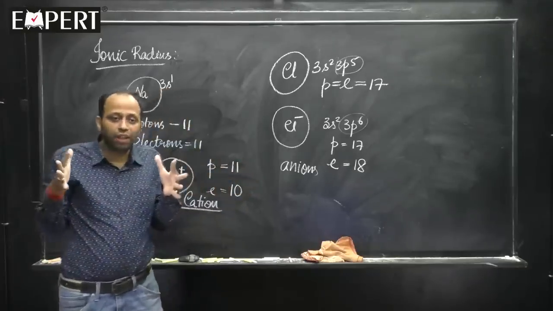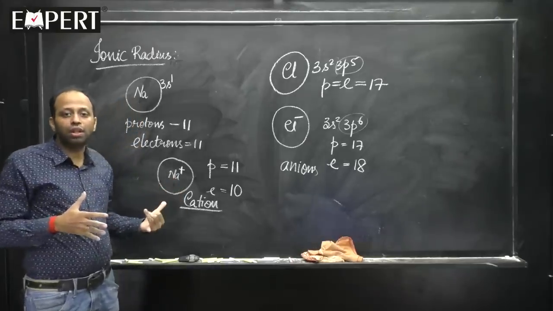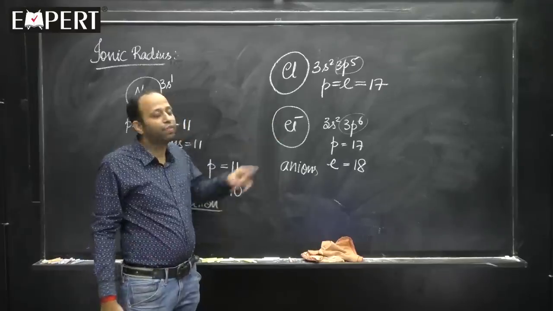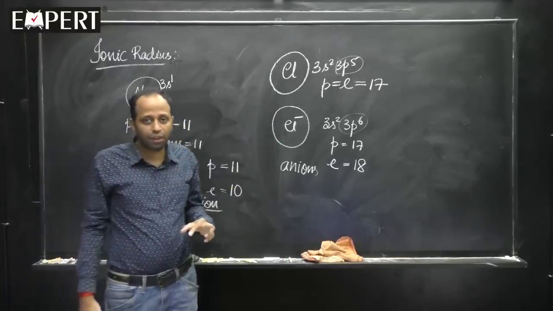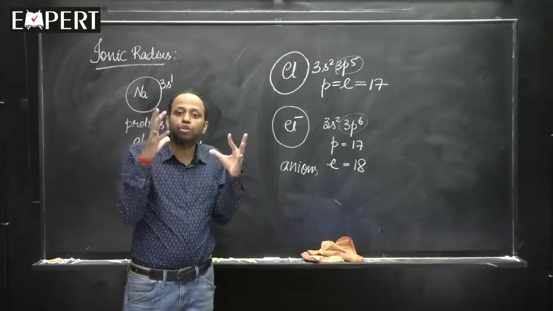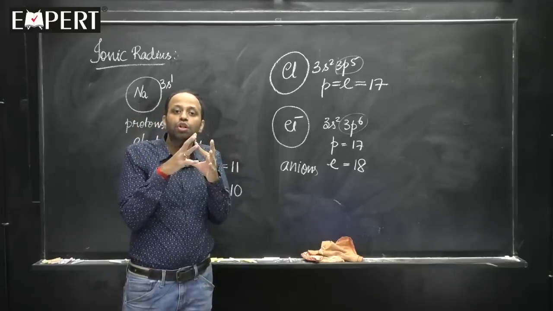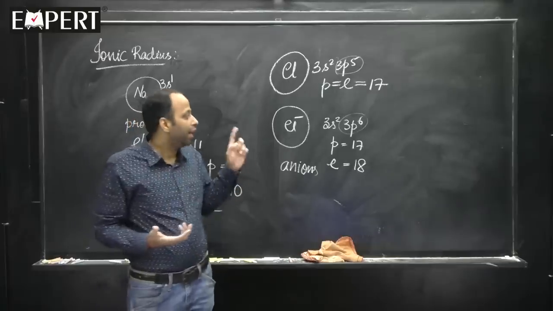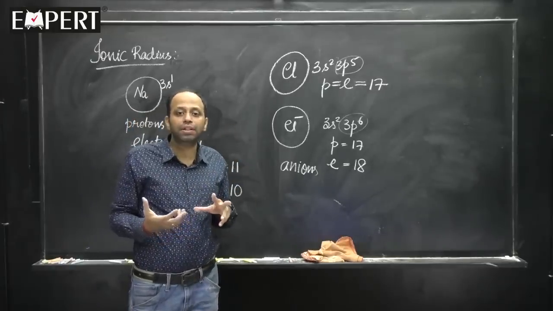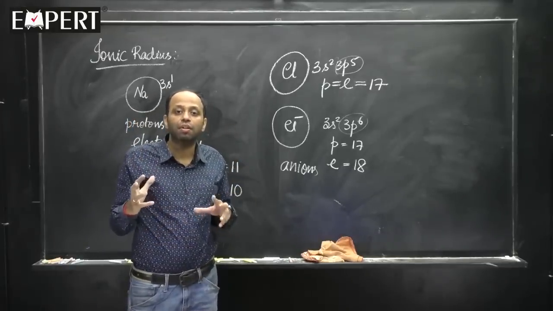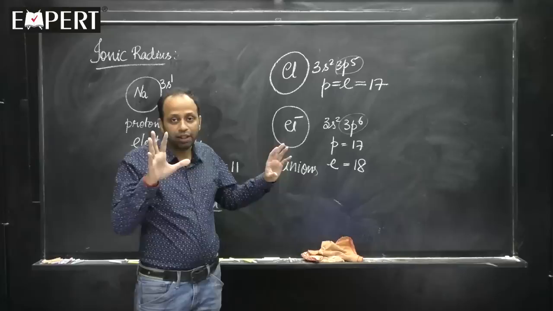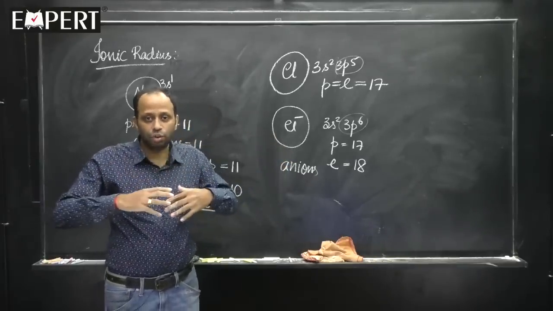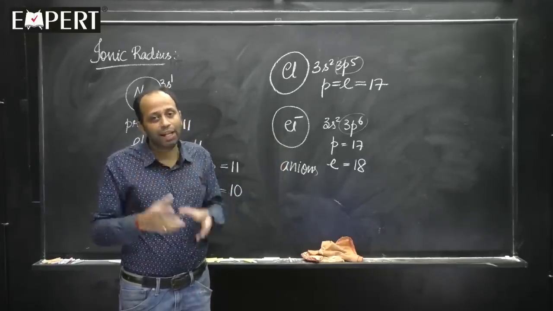So, this is what will happen. The electrons will come closer to the nucleus in the case of cations. So, size will decrease for cations, whereas for anions 2 factors can affect. One is the force of attraction of the nucleus, that is the effective nuclear charge. At the same time, sorry, I think I told it wrong, the force of attraction will decrease, whereas the force of repulsion may increase at times.